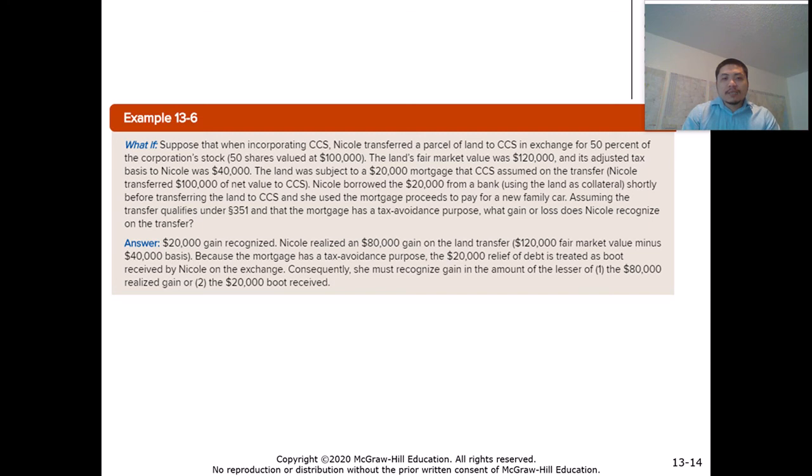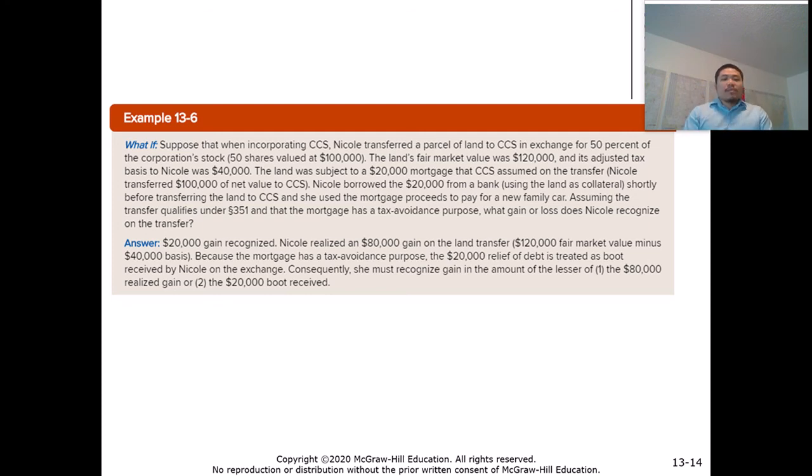So the corporation only pays her $100,000 worth of stock, and they assume the $20,000 of debt, which brings it to $120,000. That's why this is still a fair transaction, even though the market value of the land is $120,000.